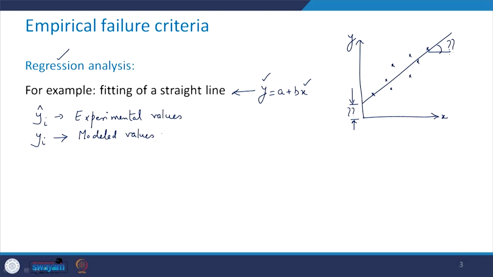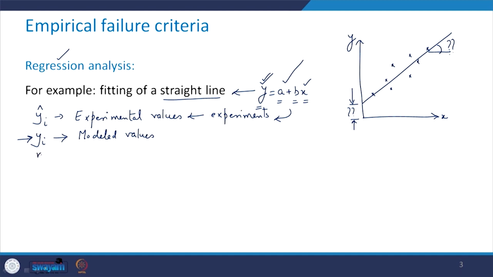What does that mean? This is what we get from the experiments that I am going to conduct in the lab, and since I want to fit this straight line y equal to a plus bx, this is the model that I want to fit to the experimental data. Whatever value of y I get from this expression falls under the modeled values.